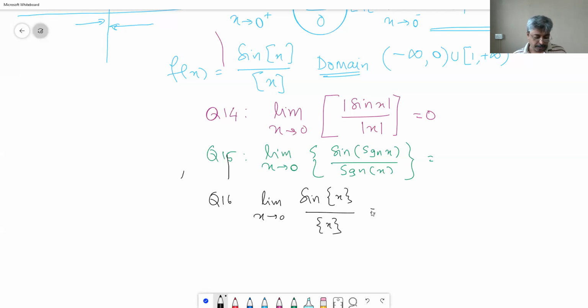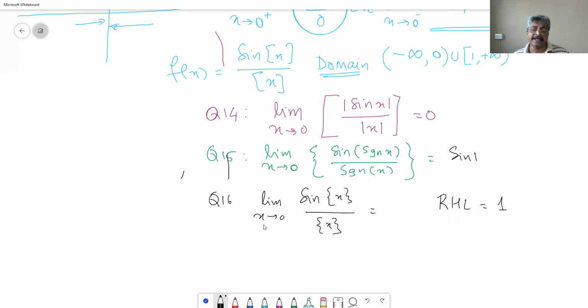Answer for the 15th problem is sine 1. If you take the right hand limit, 0 plus, it is as good as removing the fractional part. Limit sine x upon x. We know that the RH limit is equal to 1, because as you go to 0 from the right hand side, the fractional part of x is x only.